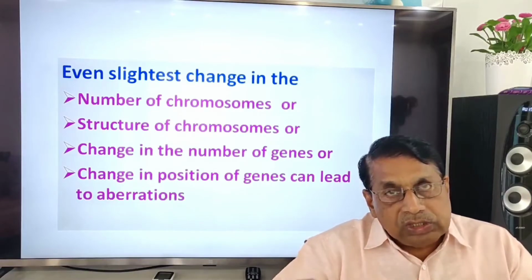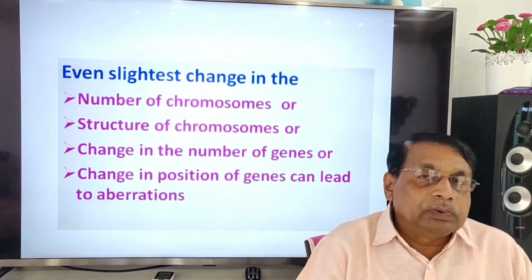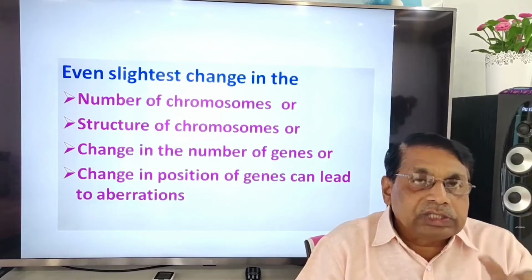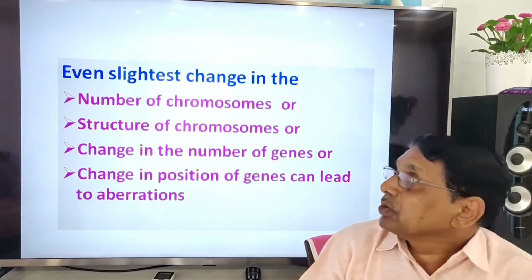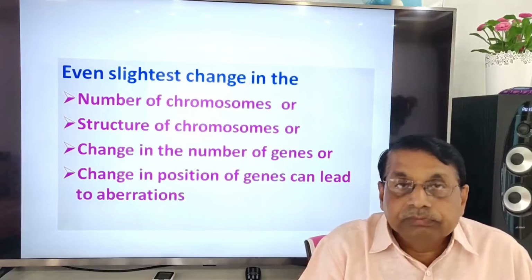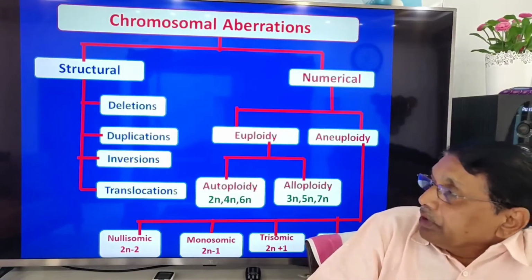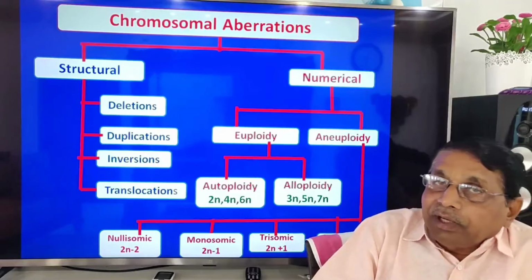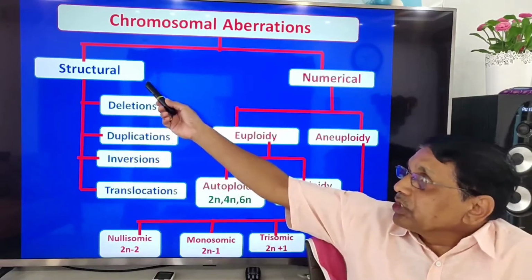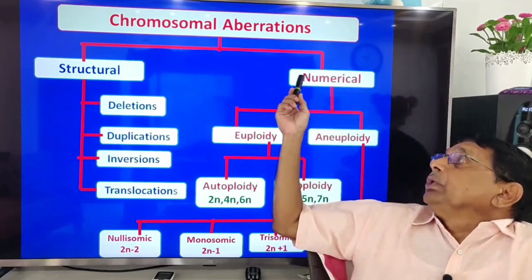Any change in these four is considered a chromosomal aberration. So chromosomal aberrations can be broadly divided into structural and numerical.